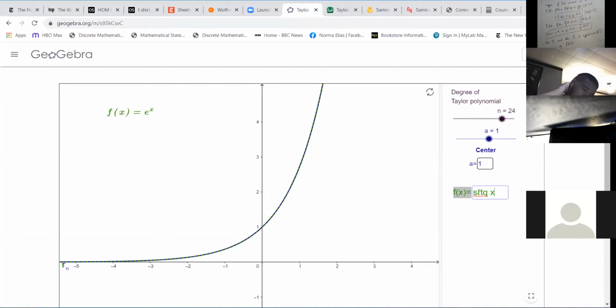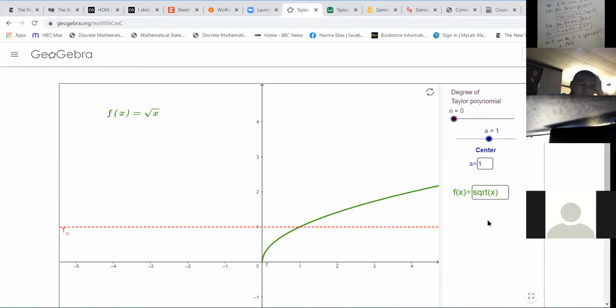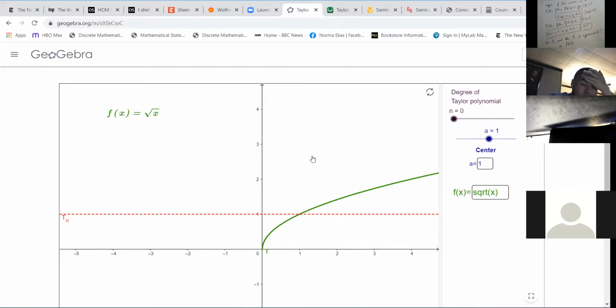My point is 1. Sorry, I didn't input the square root correctly. Okay, here we are. All right, so that's the square root function, the green graph.